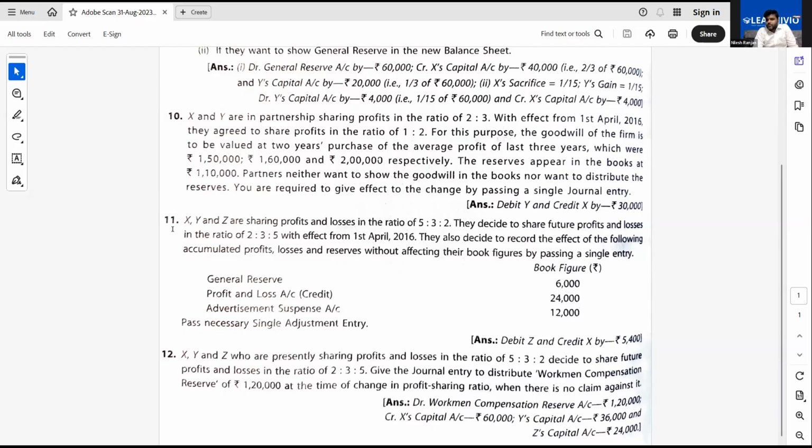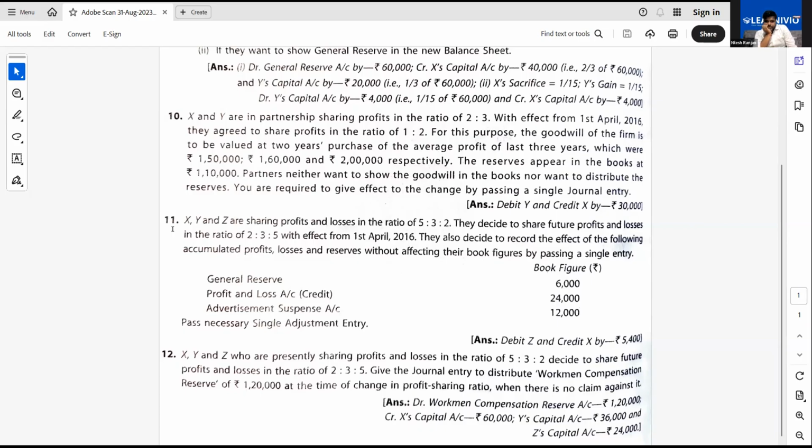Read the question and tell me is it the first case or the second one. X, Y, and Z are sharing profits and losses in the ratio of 5:3:2. They decide to share future profits and losses in the ratio of 2:3:5 with effect from 1st April 2016.